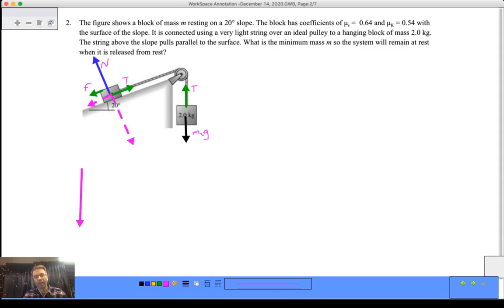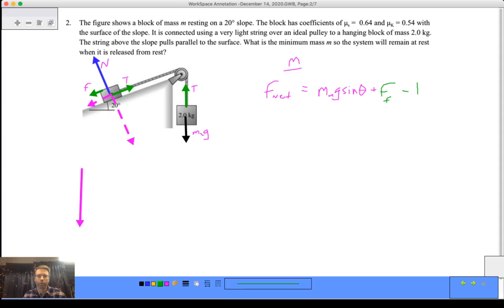Sitting at rest, we can talk about what it would take for it to be in equilibrium, and it looks to me like that would mean these forces have to balance. That is, if we think about the net force on object M, down the hill I'm going to have a positive component, so I'm going to have M g sine of 20, I'm going to call it theta for now, that's one of them, plus a friction force, which is also down the hill, and then minus, going the other way, the tension.